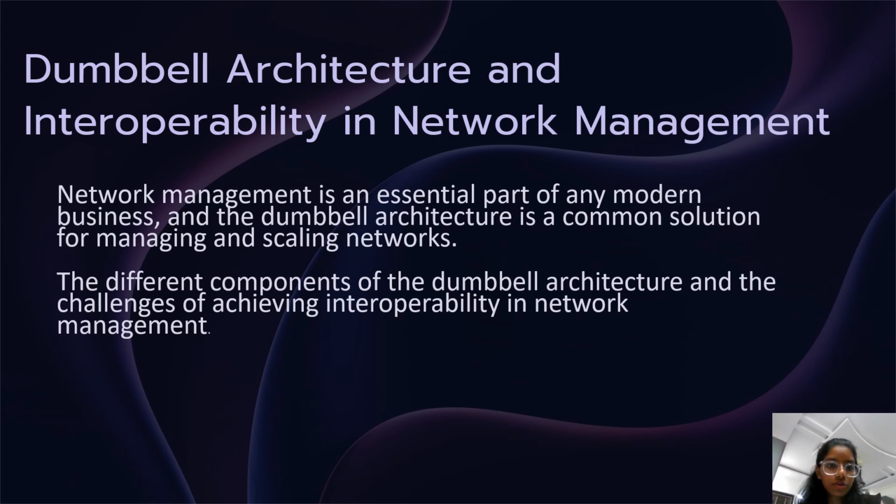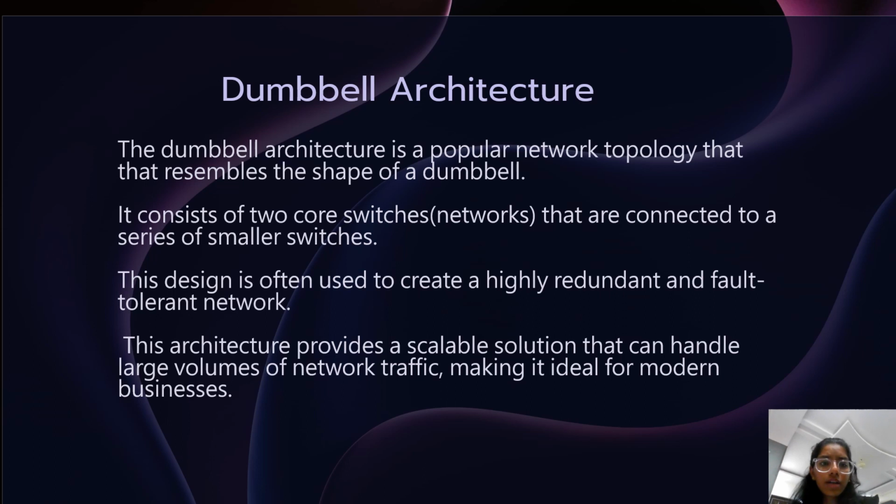Dumbbell architecture. Network management is an essential part of any modern business, and the Dumbbell architecture is a common solution for managing and scaling product networks. Dumbbell architecture is used very often in many different places. The different components of the Dumbbell architecture and the challenges of achieving interoperability in network management. The dumbbell architecture is a popular network topology that resembles the shape of a dumbbell.